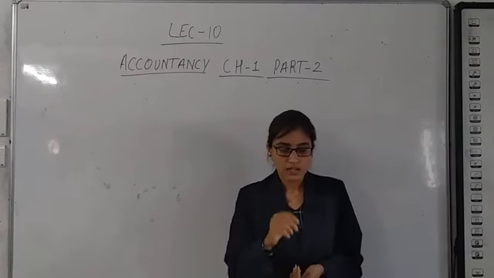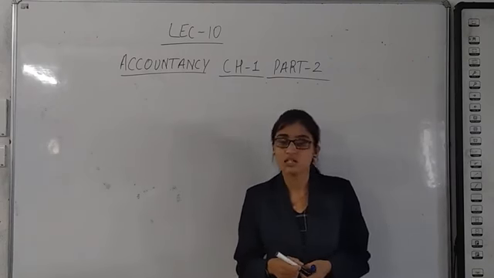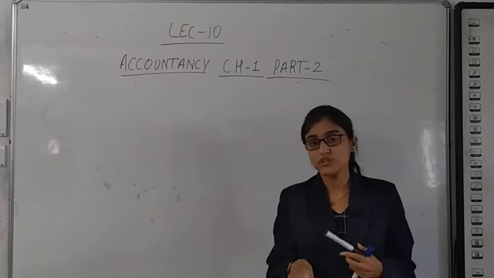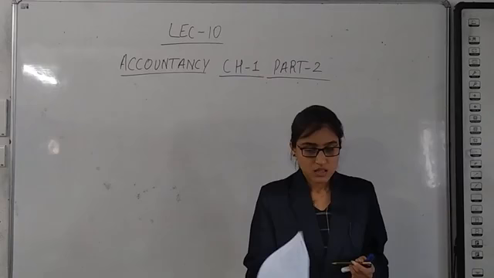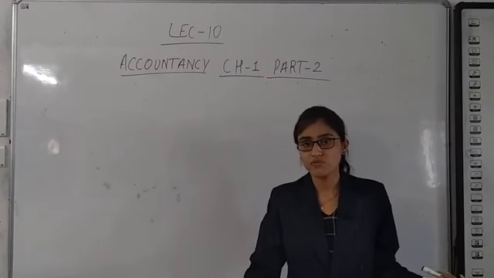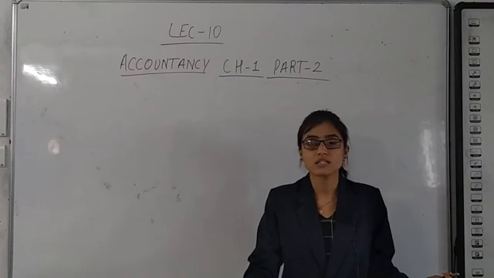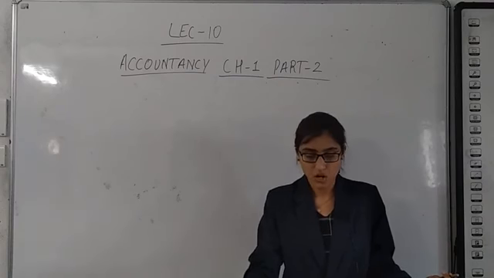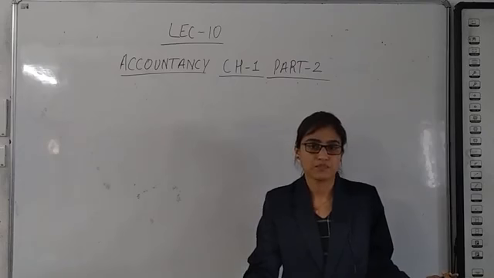Now the next topic that we are going to start is forfeiture of shares, the most important topic of this chapter. It is given on page number 24 in your textbook.